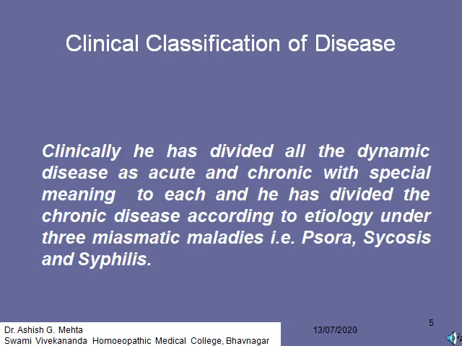That is what we know: psora, sycosis and syphilis. If we refer to the etiological factors, the acute diseases are due to the exciting causes, whereas chronic diseases are due to the fundamental causes, which we know as prima causa morbi, the most primary or fundamental cause of the illness.